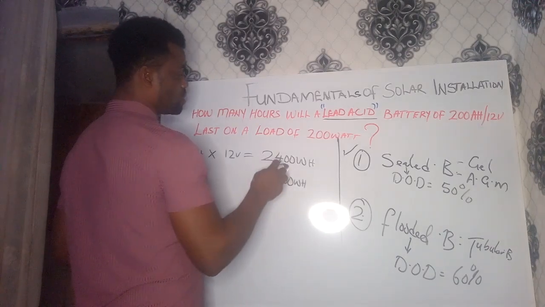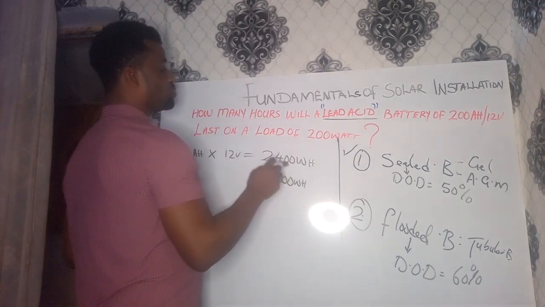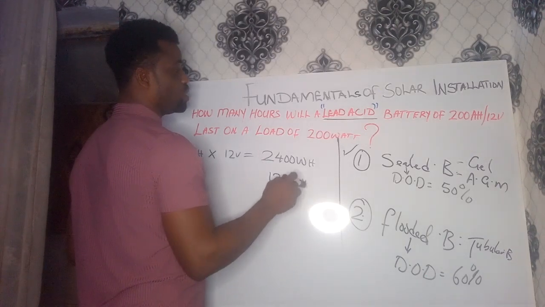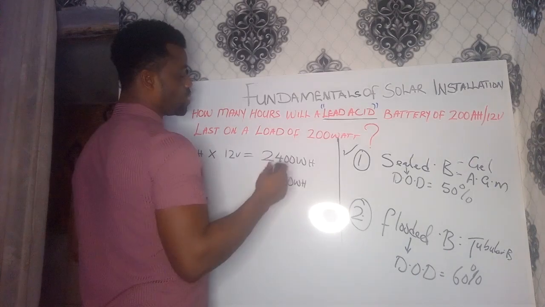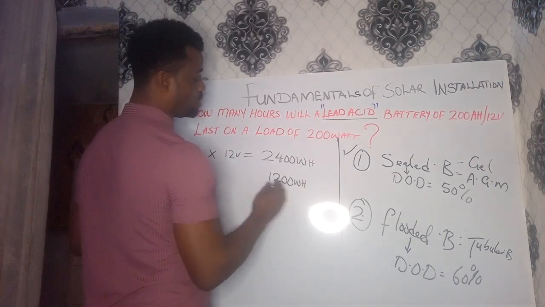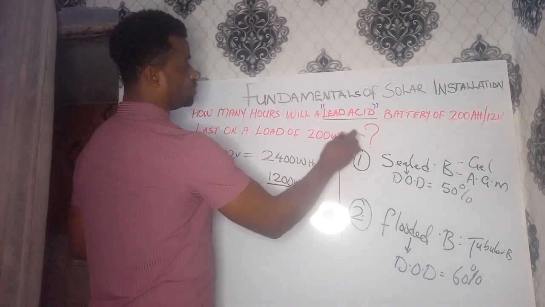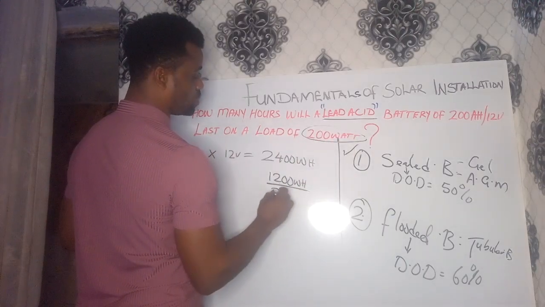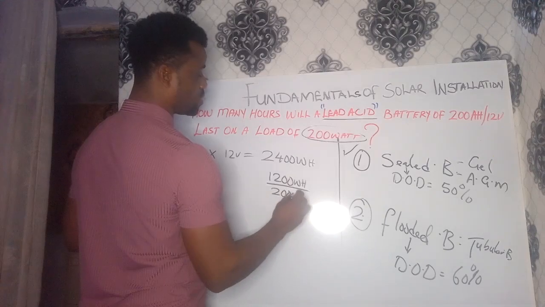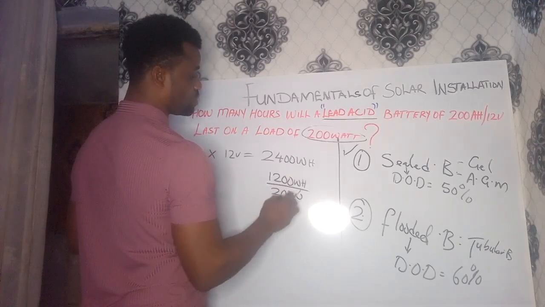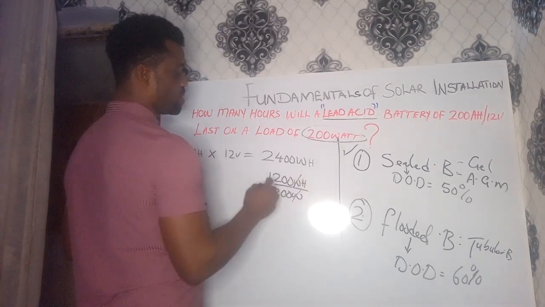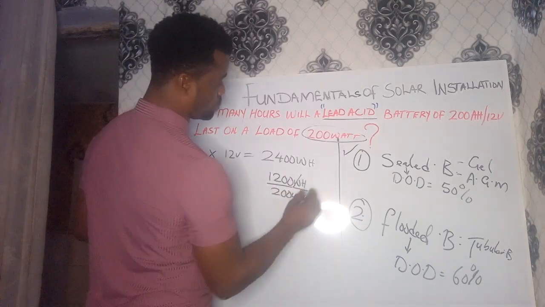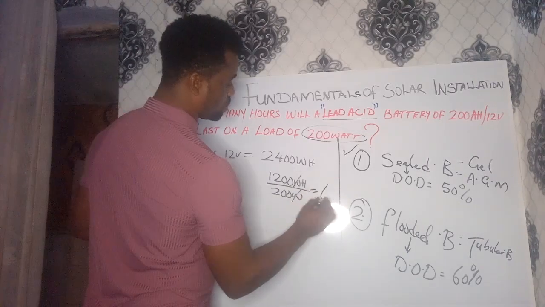So this 1200 watt hour divided by our load in the house, 200 watts, watts cancel watts. 1200 divided by 200 is equal to 6.